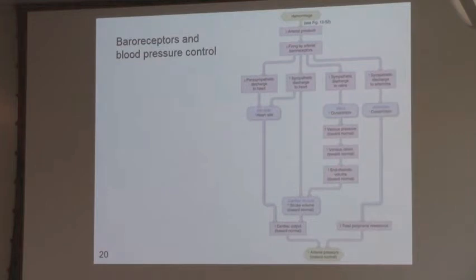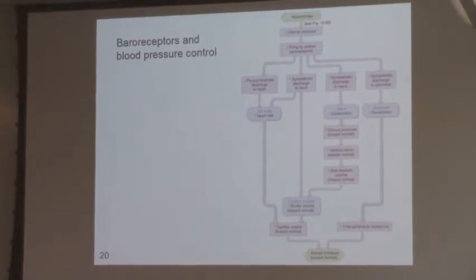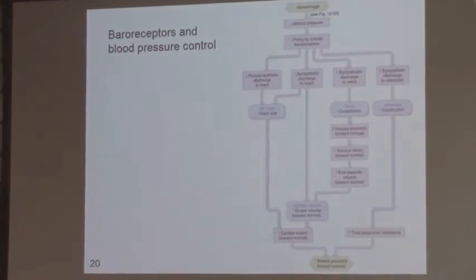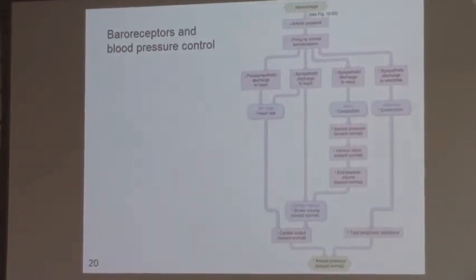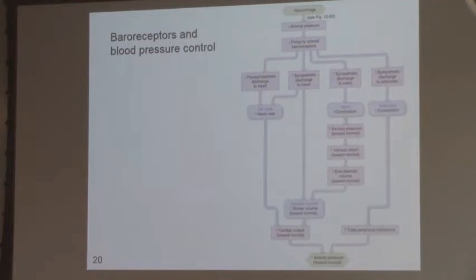What am I thinking when I say you should be able to explain at the cellular and molecular level? Okay, what cells? Oh, it's right there, sinoatrial node. But you should be able to, even without this flow chart, explain that the sympathetic nervous system increases the heart rate by stimulating the SA node.